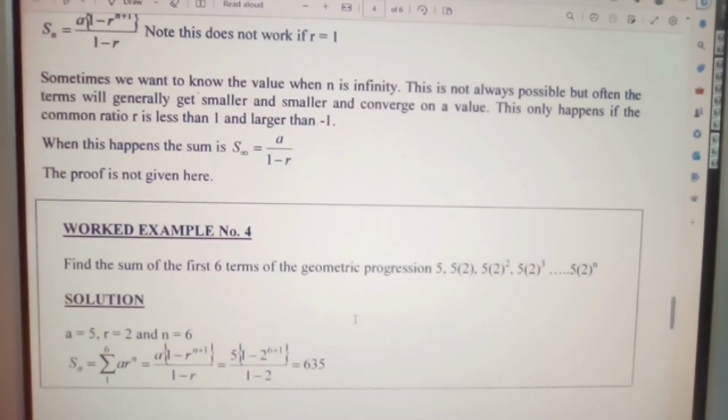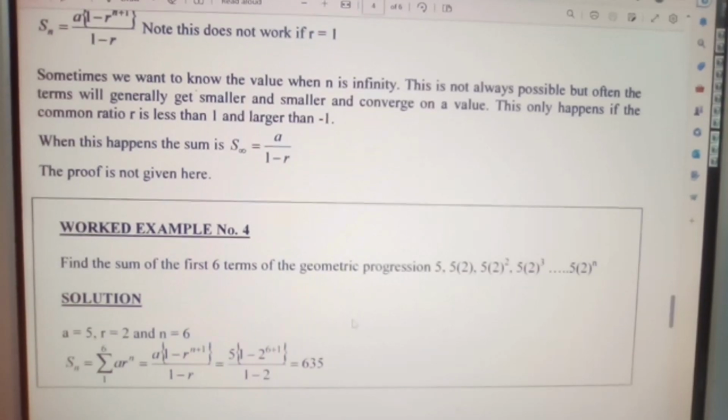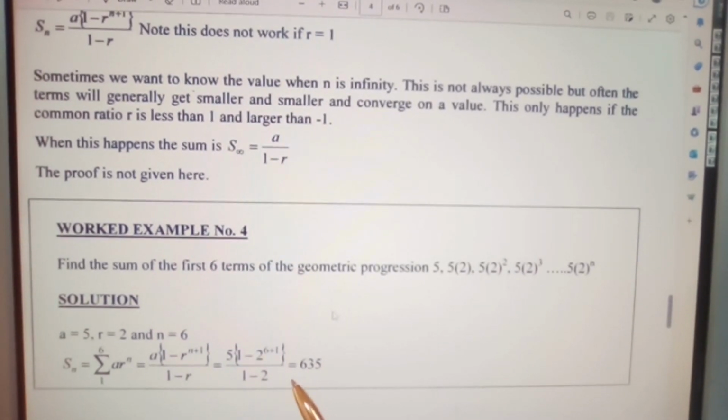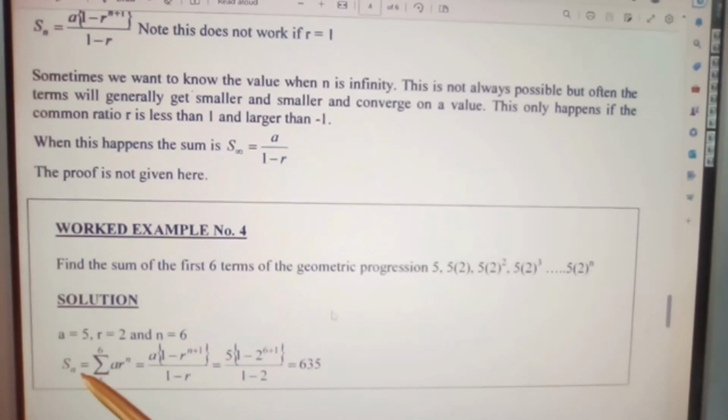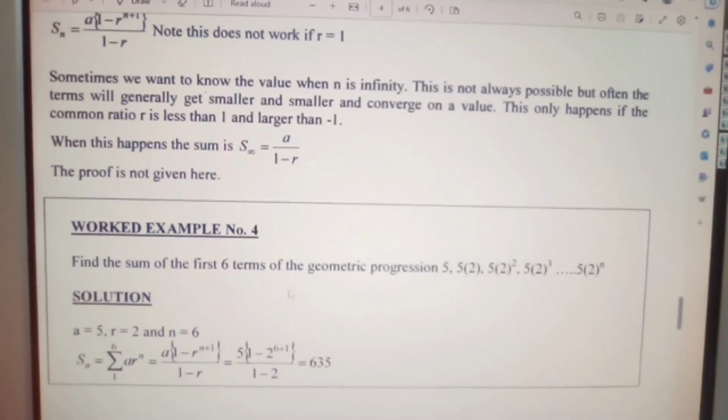Book example. Find the sum of the first 6 terms of the geometric progression, etc., etc. And we have the geometric progression here. Again, bear in mind what you're going to be doing and the steps you need to implement to achieve that.